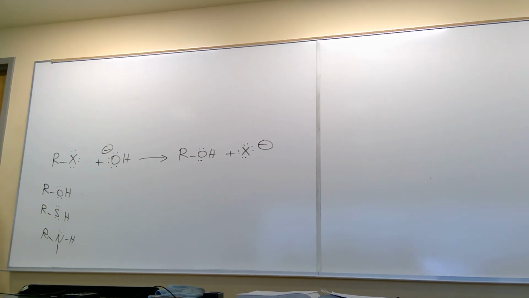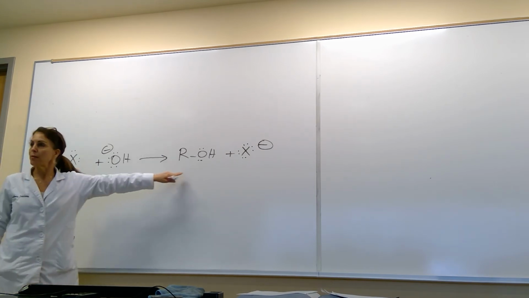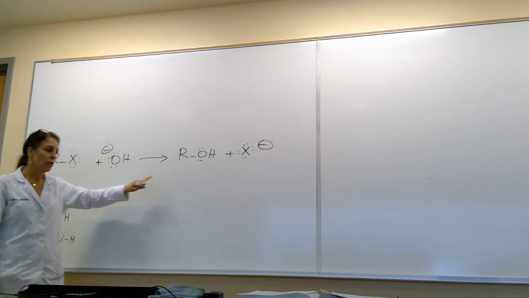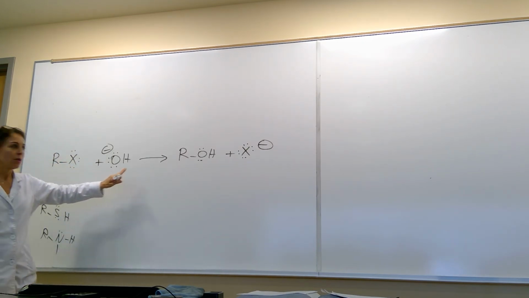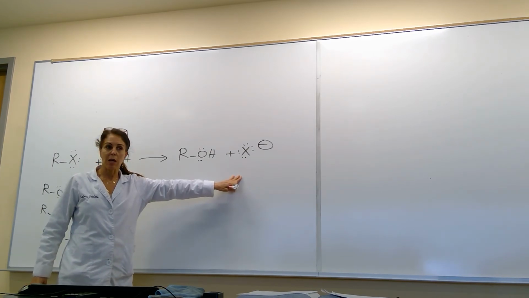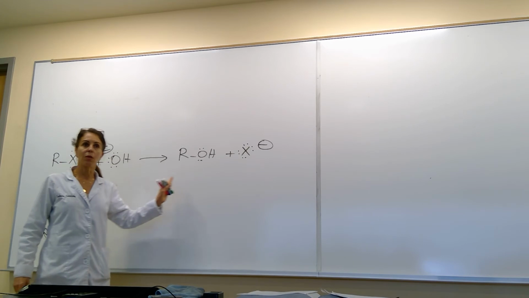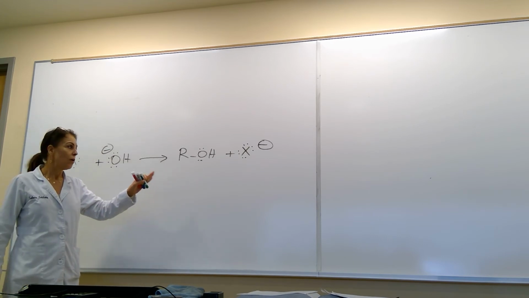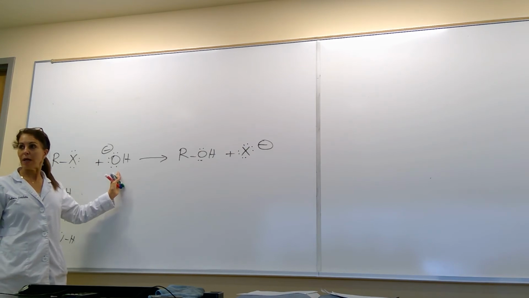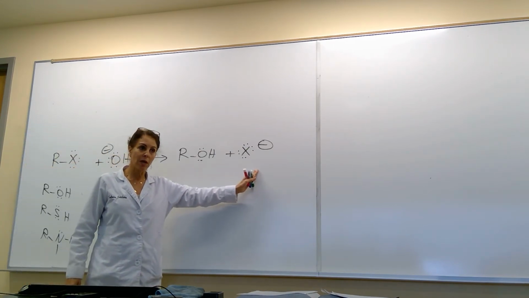Why is it going to happen? In order for reactions to happen, this substance is stable, you agree? This substance is stable, you agree? So what do we have to compare? We have to compare this to this. Which one is more stable? X minus or an OH minus? Why? Because this is a strong base, and this is a weak base.